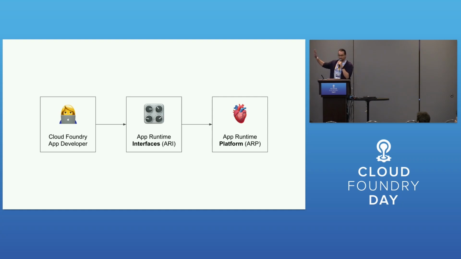They work through the App Runtime Interfaces working group, which handles a lot of the touch points where they actually interact with Cloud Foundry, and potentially multiple projects there, potentially multiple that are layered on top of each other. And then that reaches back to the App Runtime Platform working group, which I consider our sister working group. They're responsible for handling a lot of the inner workings of actually running that application or whatever else you may be doing on Cloud Foundry.